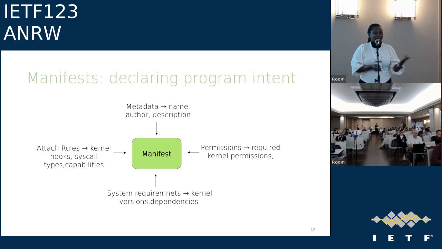Then we have the attach rules, where the program can attach to in the kernel. While everything is in the bytecode, the manifest lets us abstract all this high level security stuff out from the code. Then we have the permissions, which talk about what is required for the program to run, like the helpers that are allowed, the system requirements, the kernel dependencies, and the like.